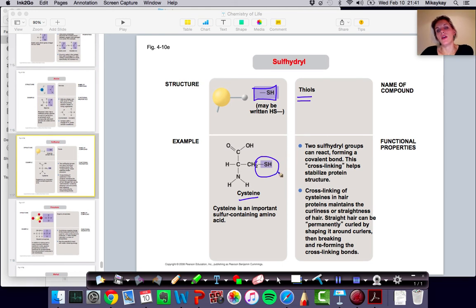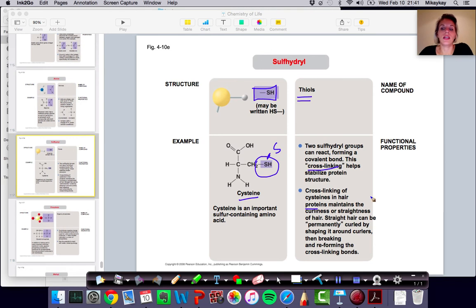Thiols are really important when we form cross-linking. They form bonds with other sulfur-containing compounds, and they're really important for the structure of proteins, right? So when someone has curly hair, part of that has to do with the fact that the keratin has these bonds between the sulfurs.